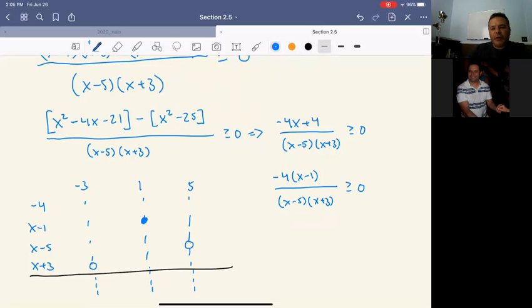Okay, negative 4. Negative 4 is always negative across the board.